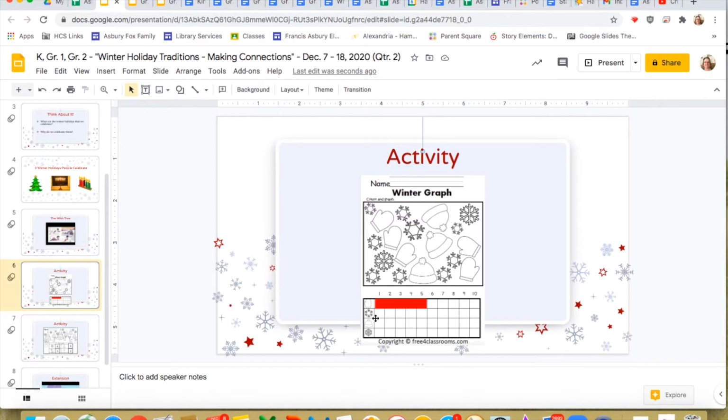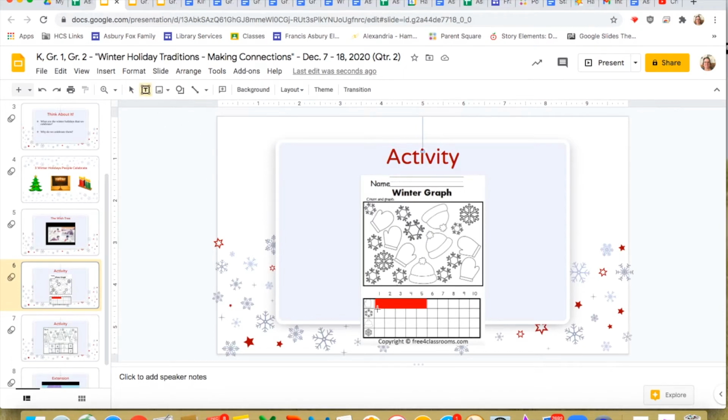All right, let's count the snowflakes that have like the hole in the middle. See how many of those there are. We have 1, 2, 3, 4, 5, 6, 7, 8, and 9. Wow. So we're going to color in 1, 2, 3, 4, 5, 6, 7, 8, 9.